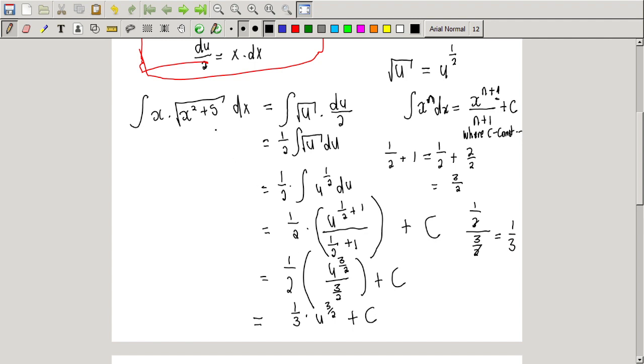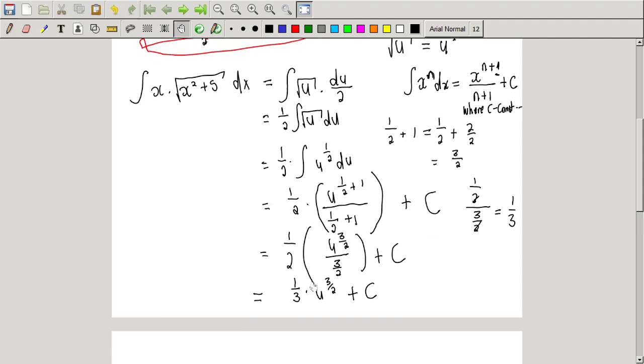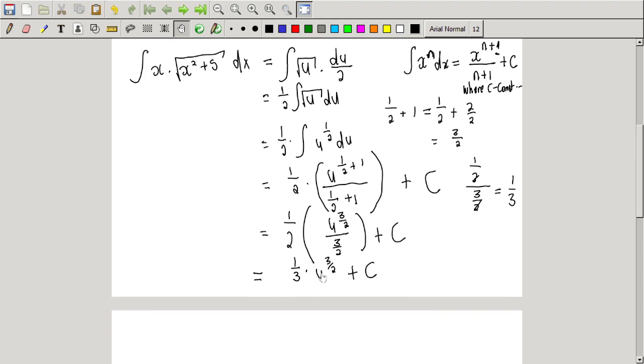So now we have integrated. We are done with integration. We just have to write it in terms of x, because the initial question asked us to get the integration in terms of x. So I must go back to x. I know what u is in terms of x: u is equivalent to x squared plus 5.